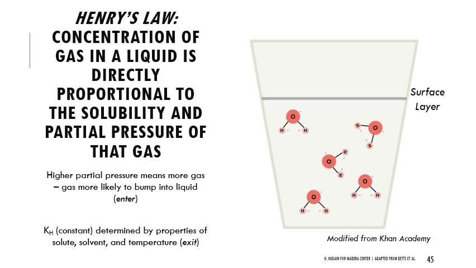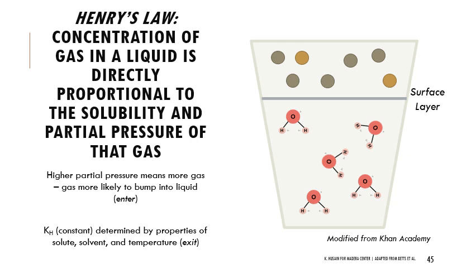So we have this surface layer that separates out the liquids from the gas at the top, the headspace. And let's say that in this headspace, we have some of these green gases that are higher in concentration, and some of these yellow gases that are lower in concentration.